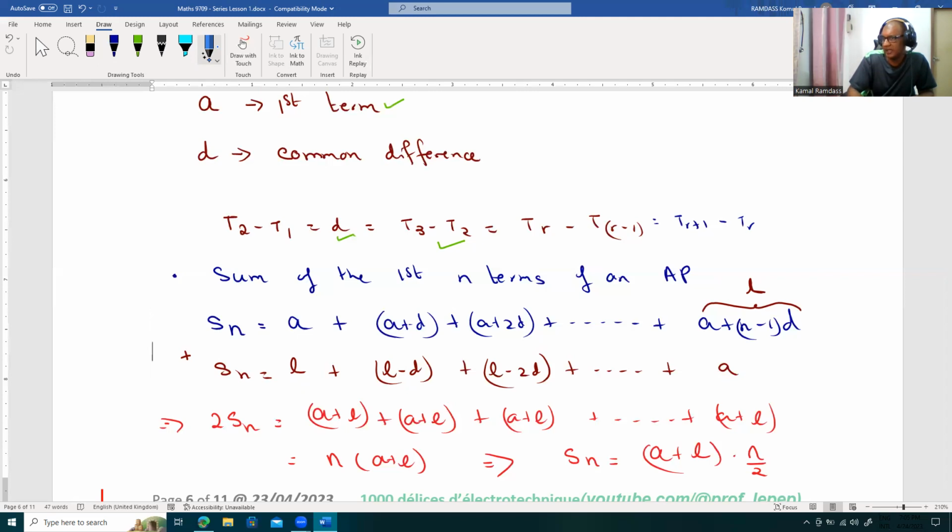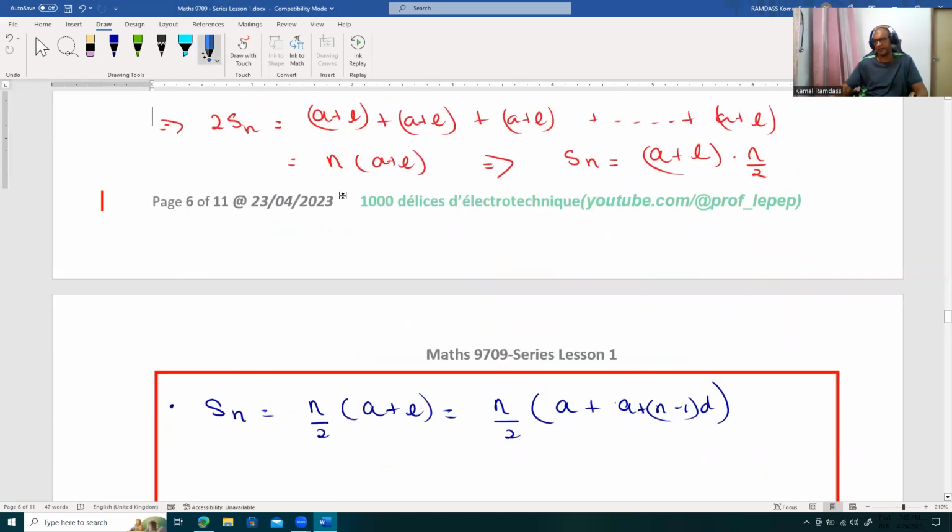If I add the two, term by term, it gives A plus L. A plus D plus L minus D gives A plus L. A plus 2D plus L minus 2D gives A plus L, and so on, n times. That means A plus L, n times, is equal to 2Sn. So Sn is equal to (A plus L) times n divided by 2, and that is the formula for the sum of the first n terms.